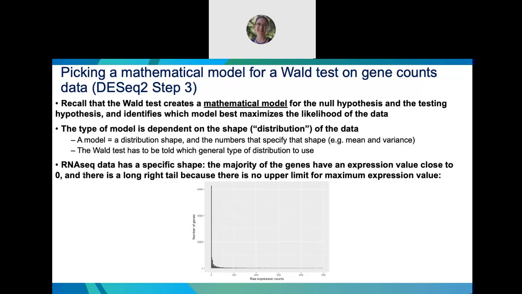It can be all the way up, we saw, to nearly 200,000. But the reality is most genes are not that highly expressed. Most genes have expression value close to 0, including before and after the filtering step. So because RNA-seq data has a long right tail, we need to pick a specific distribution for that.